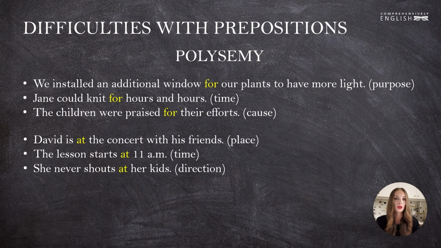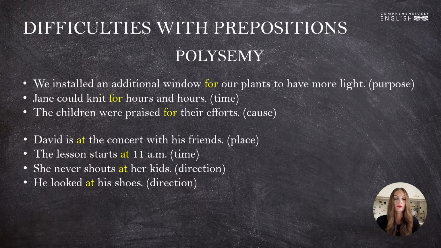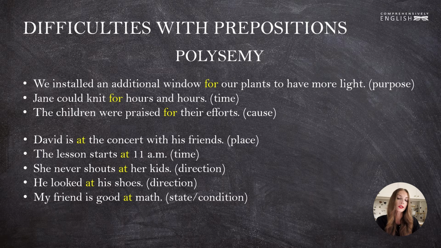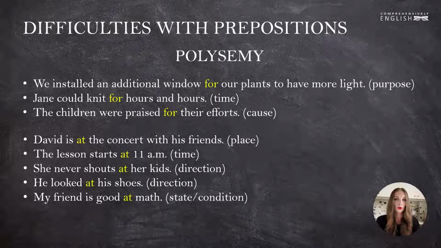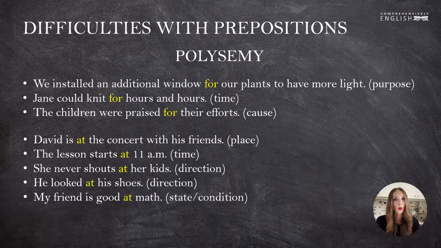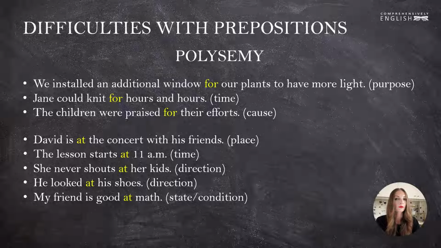So at shows us direction. He looked at his shoes. Again, at expresses direction. And my friend is good at math. What does at express here? Here, at speaks about state or condition. He is good at math. She is good at drawing. My friend is terrible at singing, and so on.